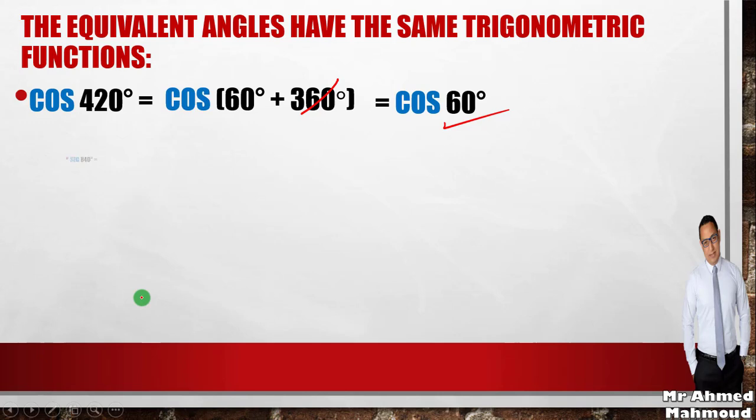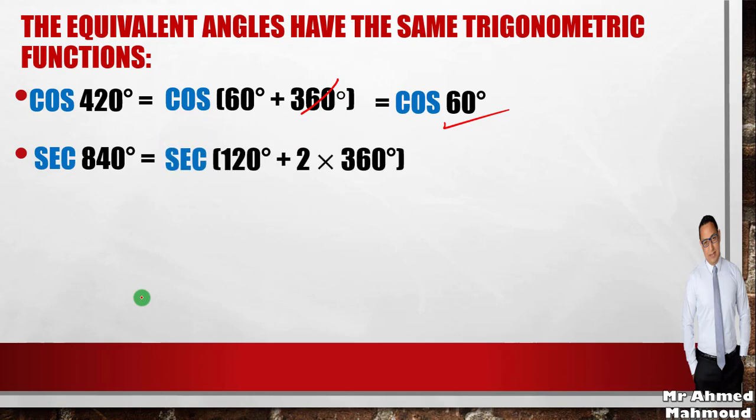Okay. Another example, if we have sec 840. 840 included 120 plus 2 times 360. You can do it by calculator: 840 minus 360 and minus 360 again to get 120. So I'm going to cross out 2 times 360. So it will be finally 120.